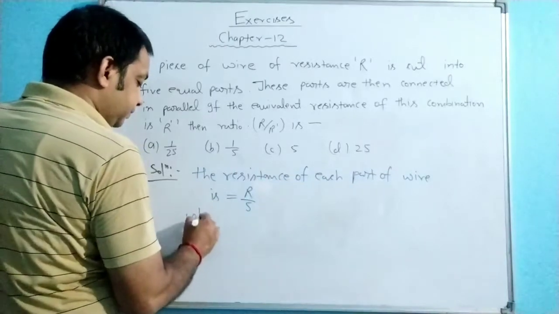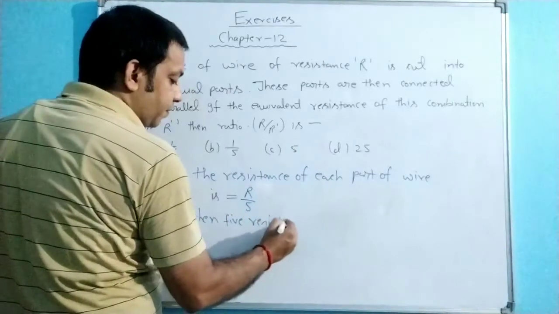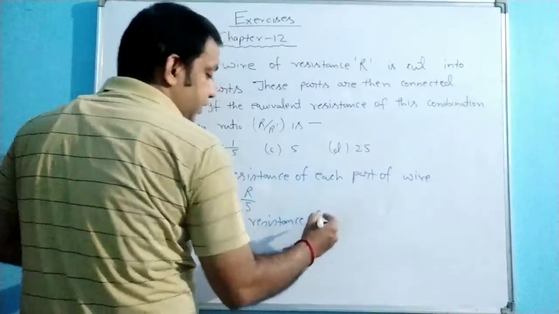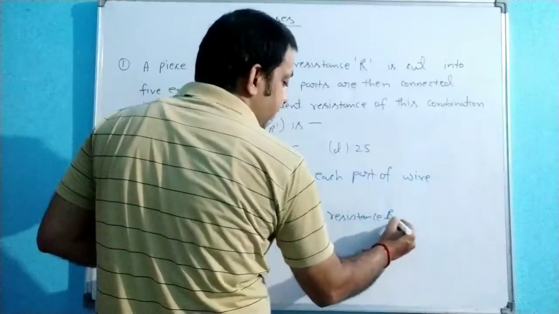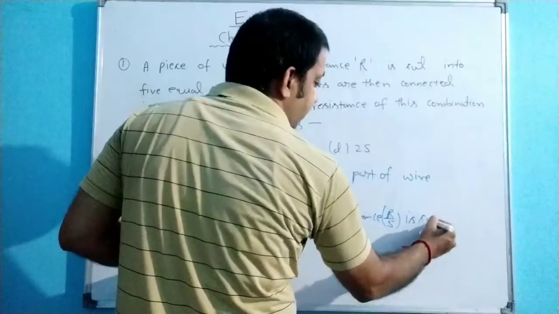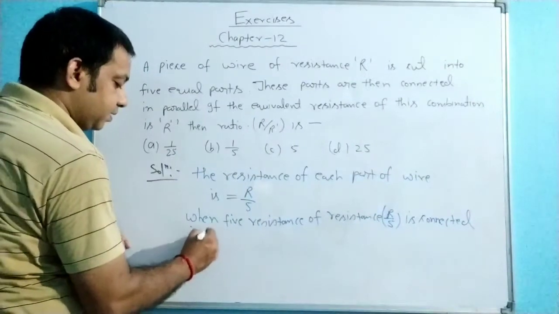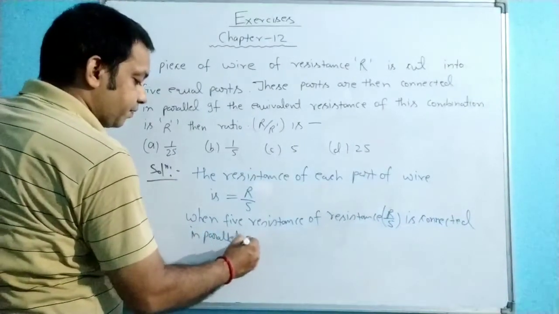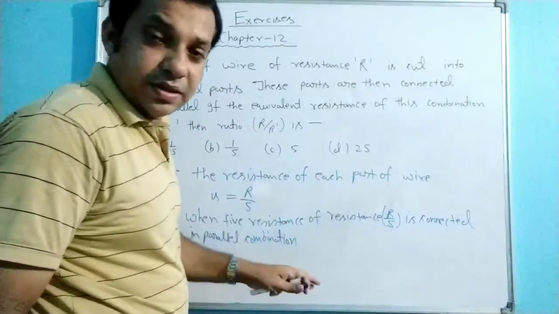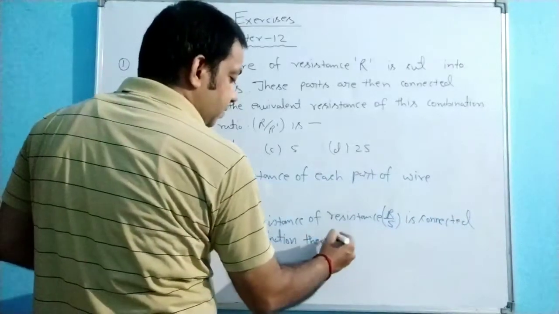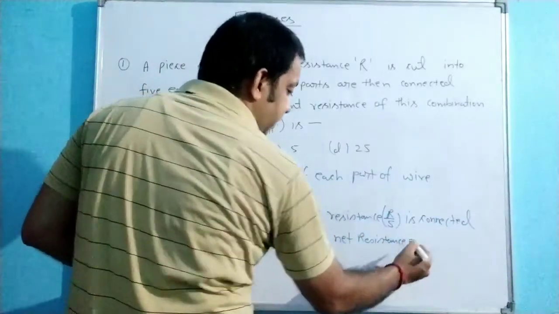So when 5 resistances of resistance R by 5 are connected in parallel combination, then the net resistance is equal to how much?